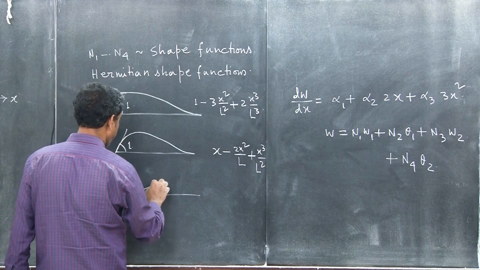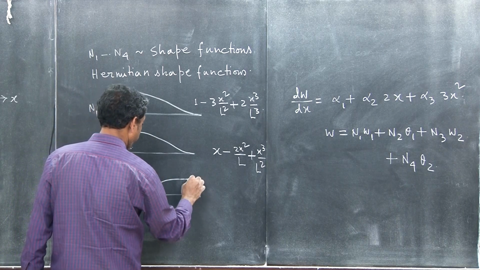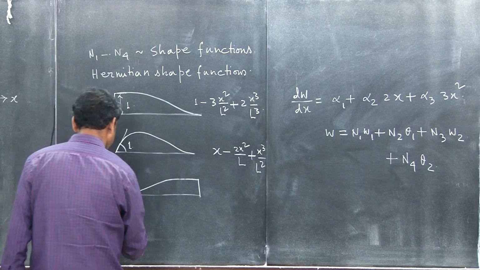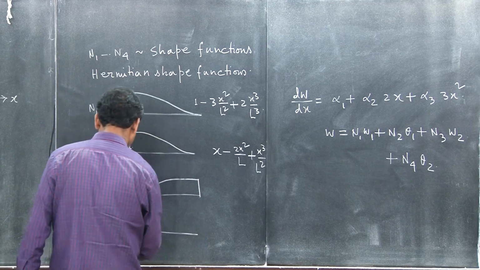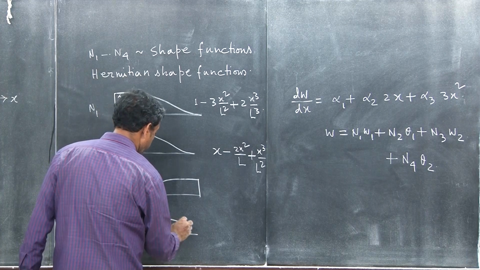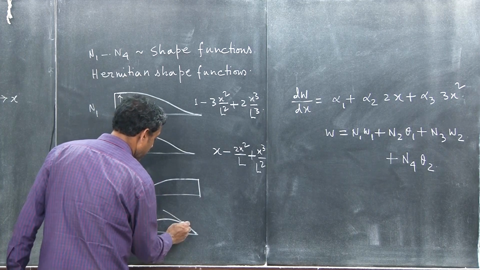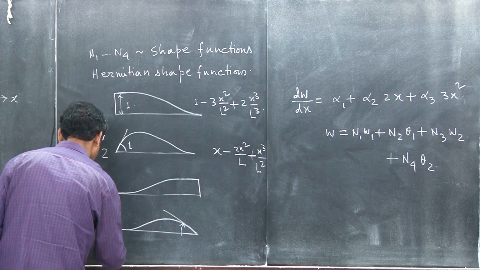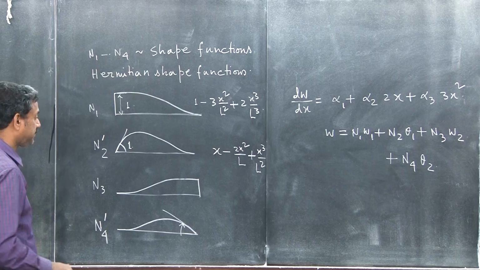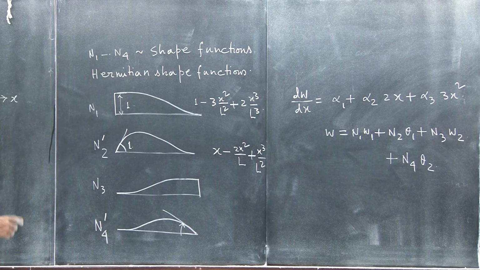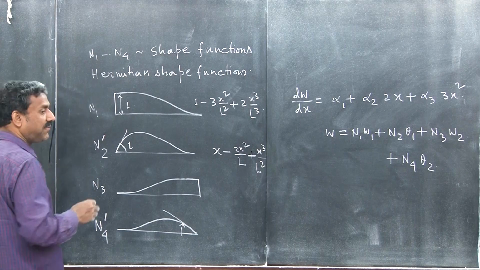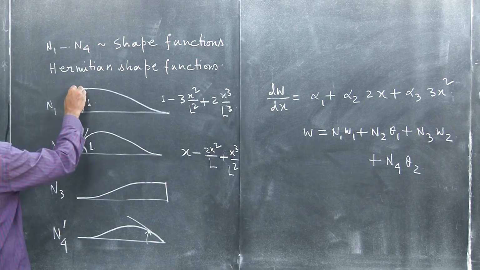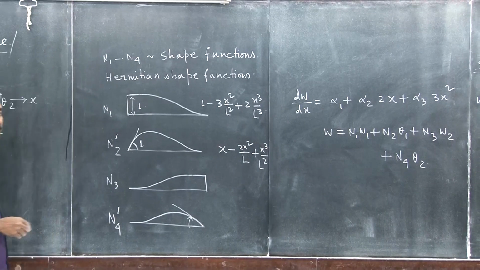You see N1, N2, N3, and then if you plot N4 also. Shape functions have a property: the value for the displacement takes 1 at that node, elsewhere it is 0.